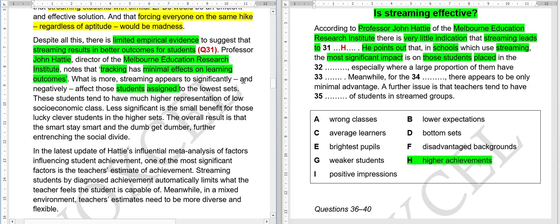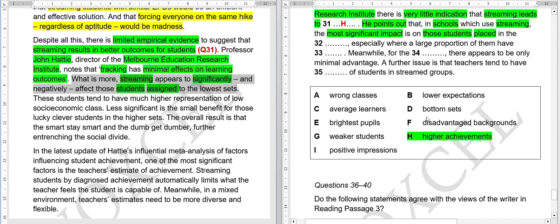Clear? More significant. Here it is written significantly. So streaming, here is streaming. So he is talking about streaming appears to significantly and negatively. So the most significant impact is something about negative, and the location is in this particular sentence, and for that your time starts now.